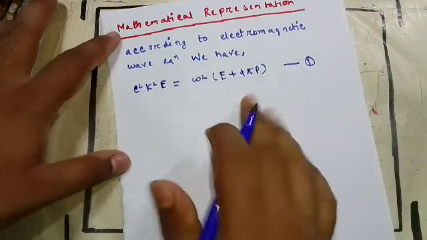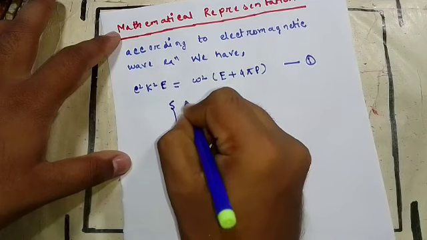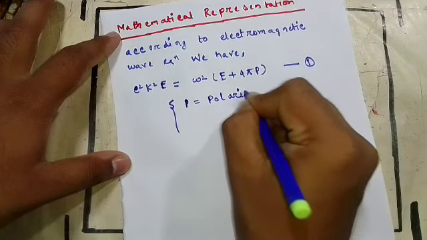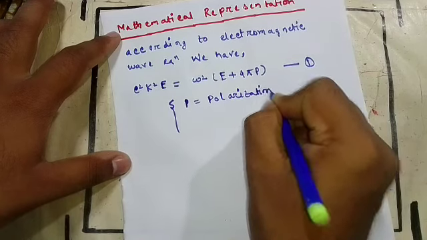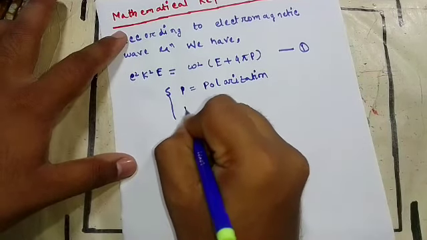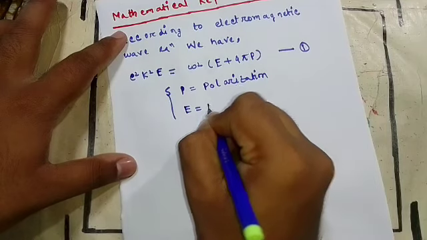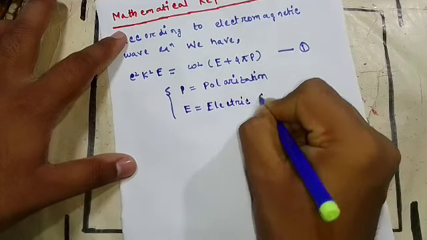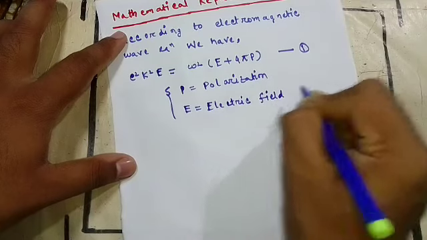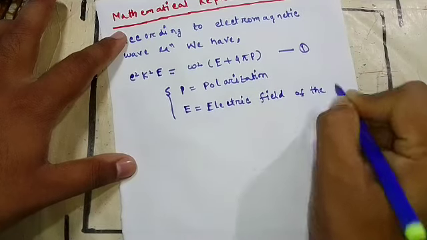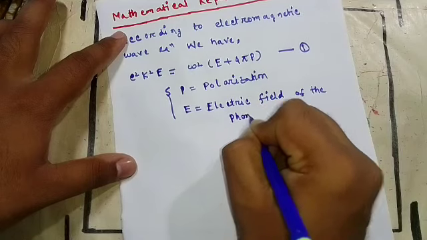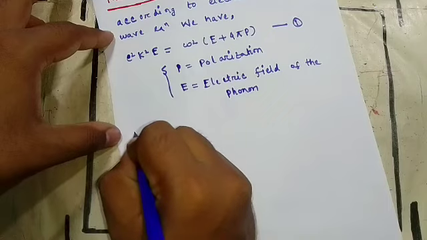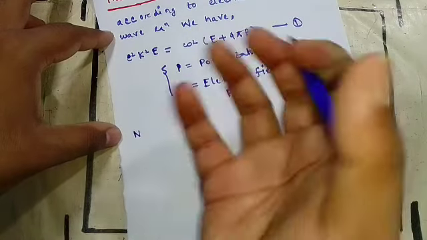Here P is polarization and E is the electric field of the phonon. Now I use the equation of motion of polarization.